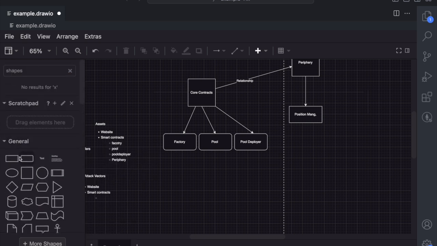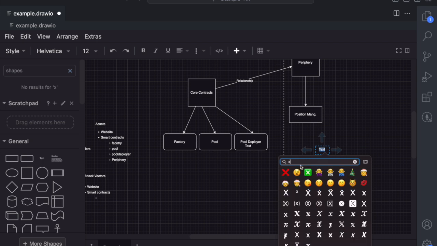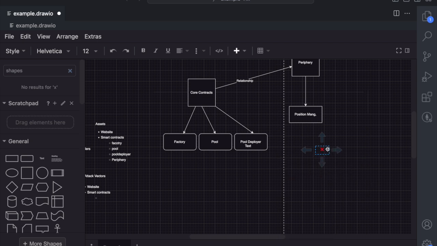If not, I'll just do text, and I'll throw in that X emoji just so I know the attack vector.